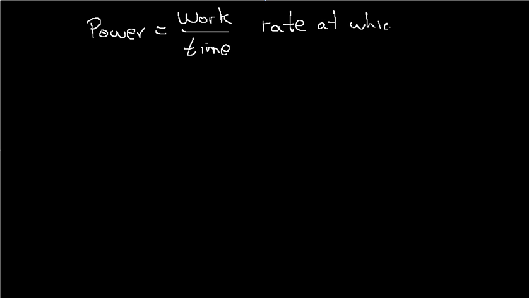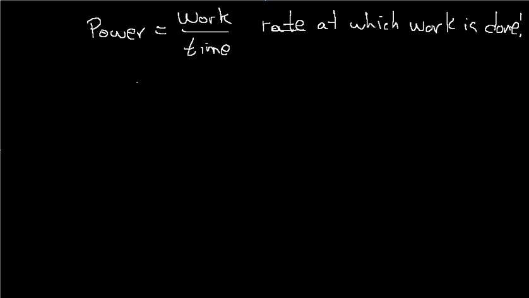Power, we talked about briefly. That's the work done per time. So anytime you have a ratio over time, this is the rate at which work is done. All right, so it's the rate at which work is done.